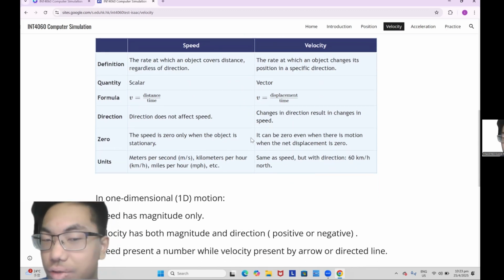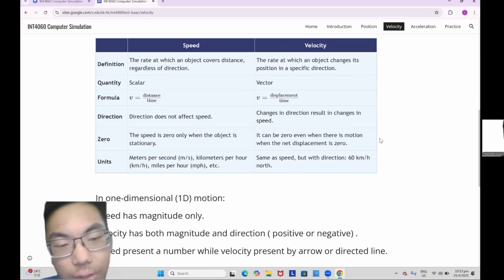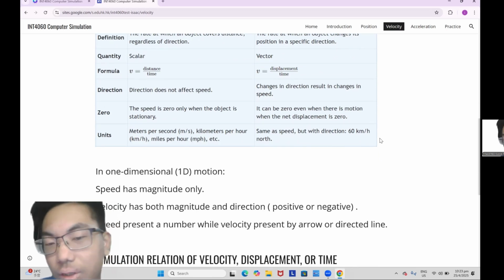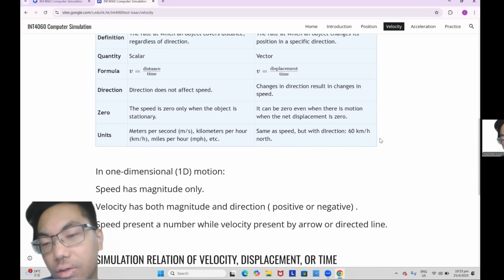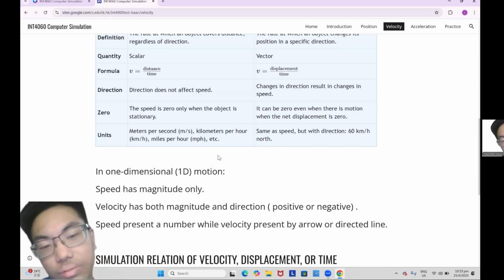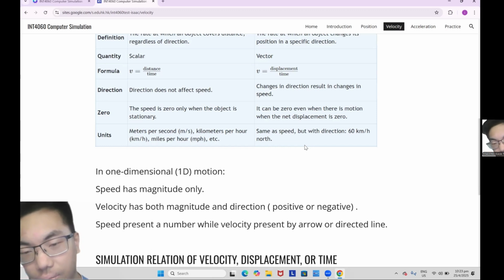In one-dimensional motion, the speed has magnitude only, while the velocity has both magnitude and direction, with the positive and the negative sides. The speed is also presented by numbers, while the velocity is presented by an arrow or a directed line.